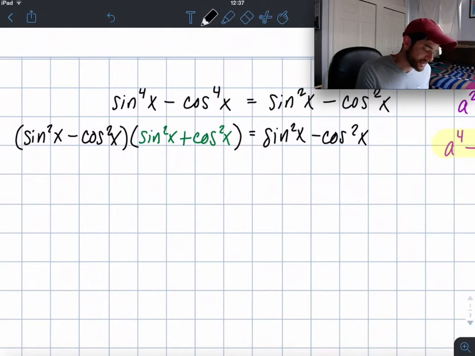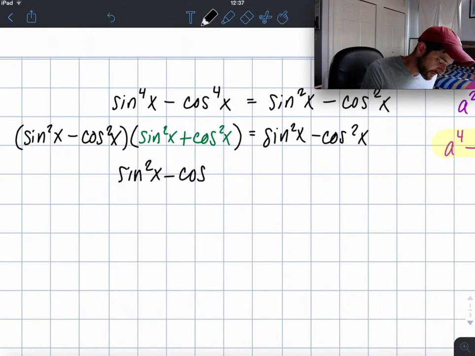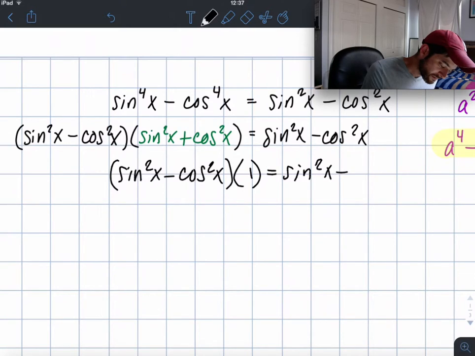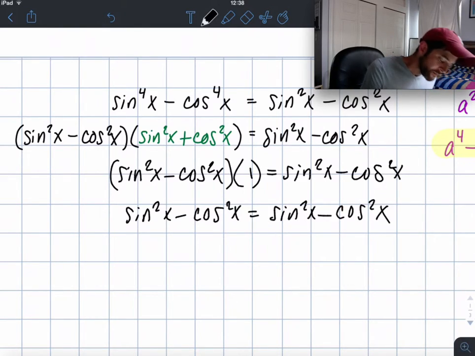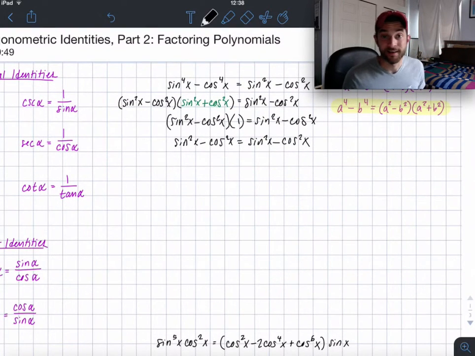So this is sine squared x minus cosine squared x times 1, and anything times 1 is itself. So we have sine squared x minus cosine squared x equals itself. And we verified that identity.